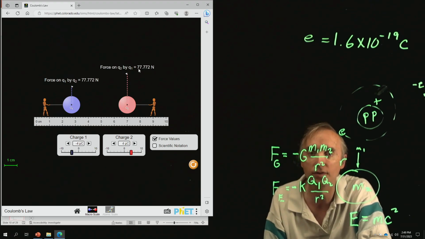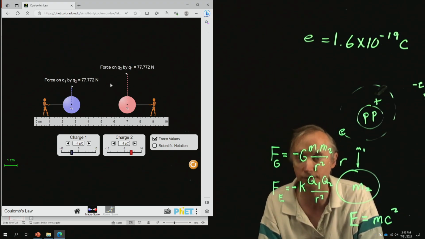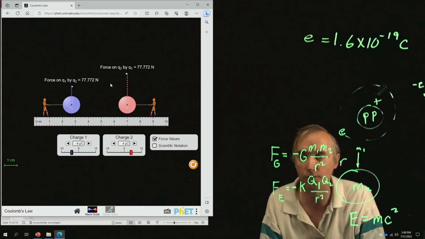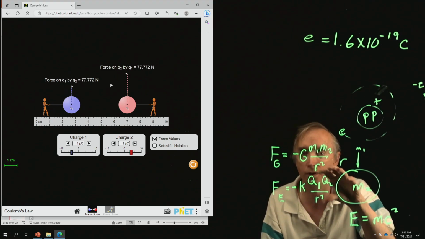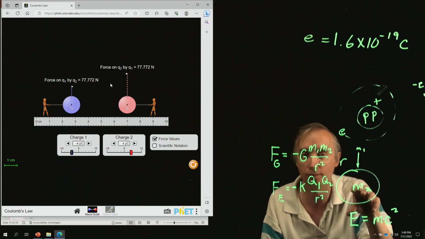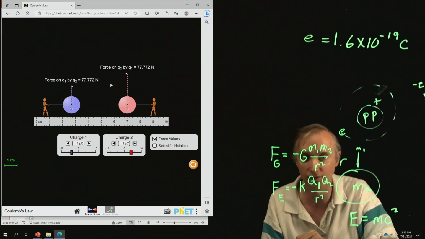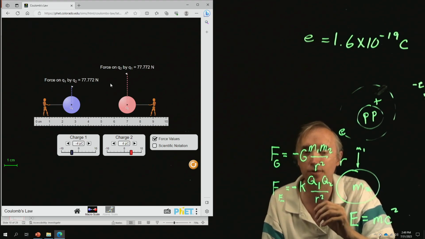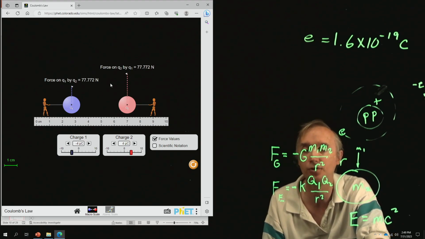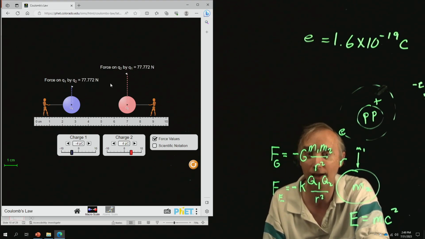All right, and then look at this number here, and then look at this number here, and what do you notice? The two numbers are identical. So the force on one object caused by the other object is the exact same as the reverse of it. So this is going to be an example of Newton's third law of motion. For every action, there's an equal and opposite reaction.